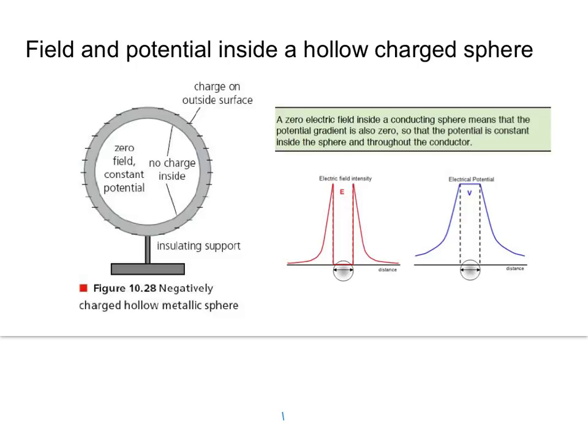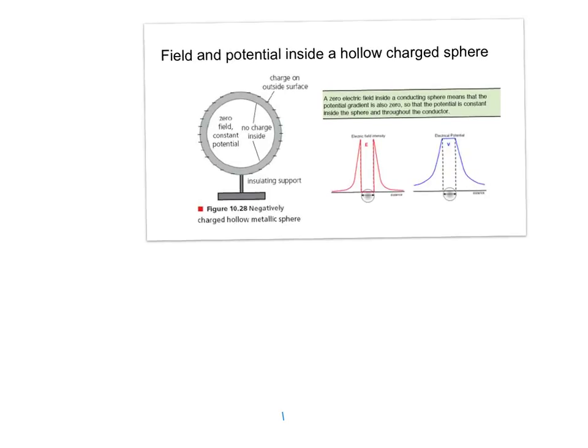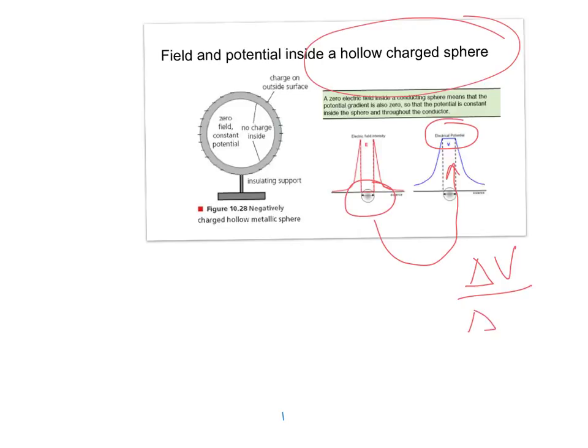So it's important now to consider what happens inside a hollow charged sphere. It's something you might find in a multiple choice question. Inside, you just have to remember the following: the electric field strength is 0 and the potential gradient is 0, too. Remember, the potential gradient is the change in potential over change in distance.